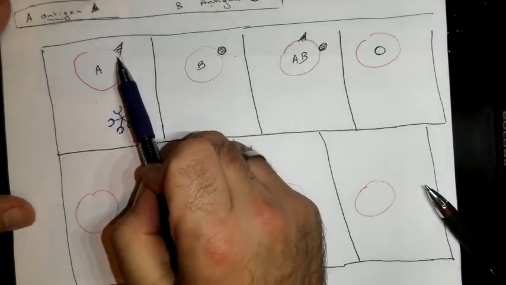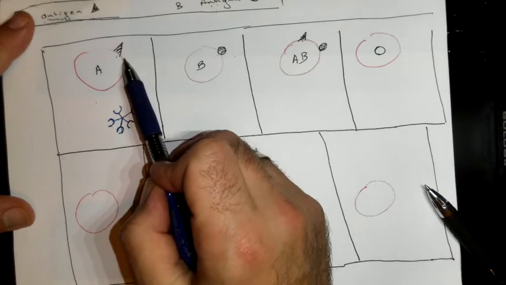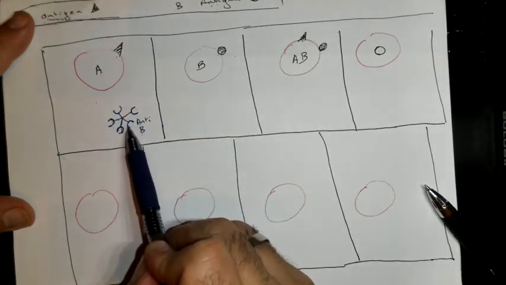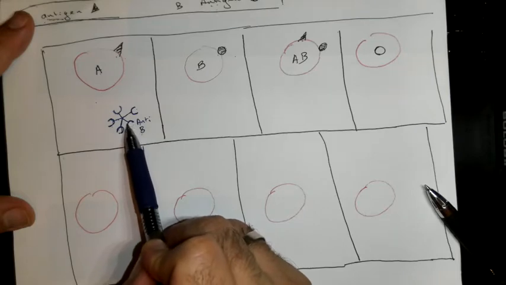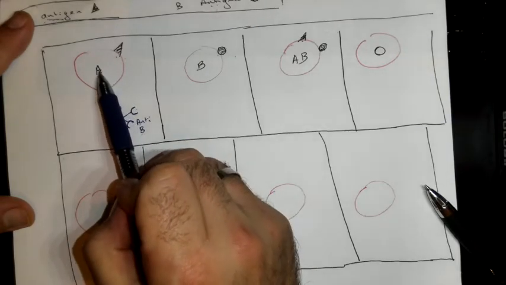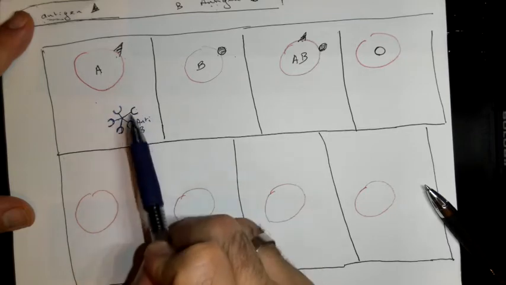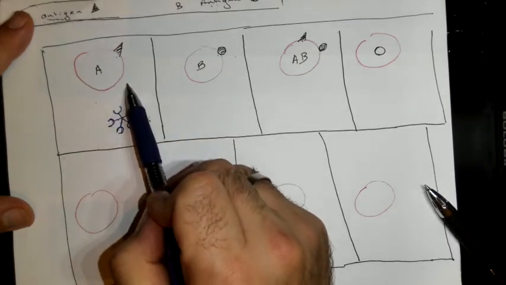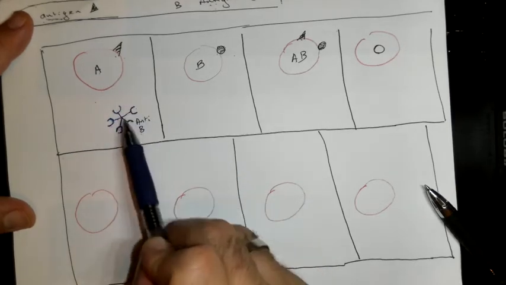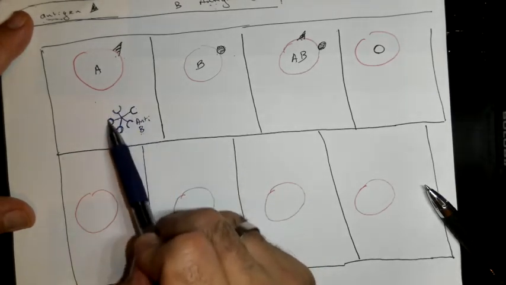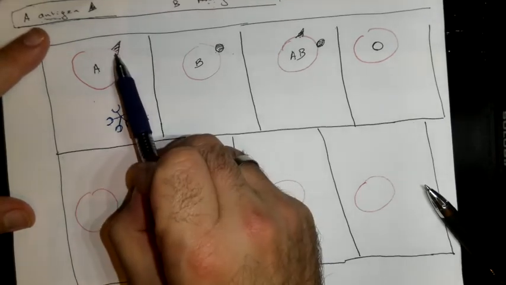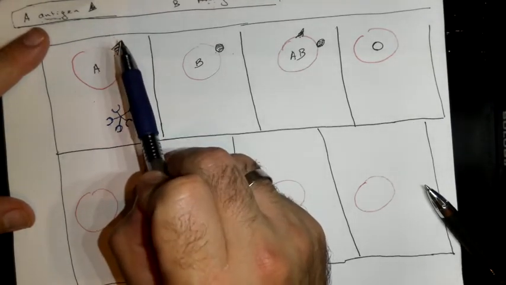And that's exactly what we want. If we had a situation where you had an anti-A antibody inside the plasma of this A blood person, it would attack and this person would not survive. So for this person to survive, there cannot be a match of the antibody to the antigen. I hope that makes sense.